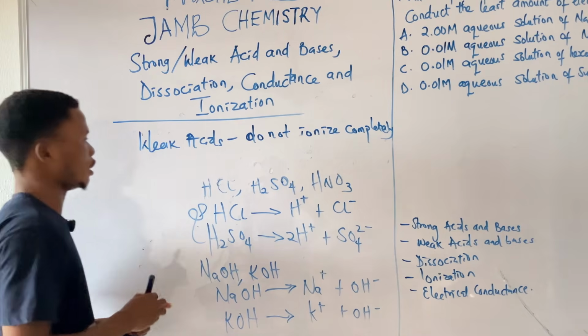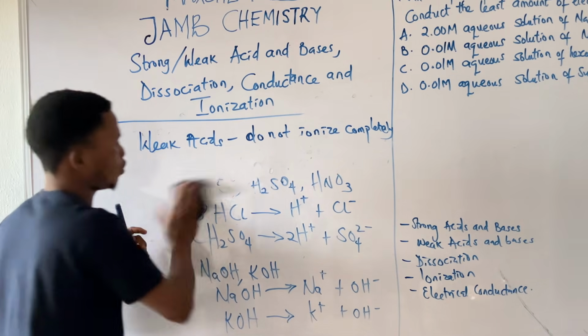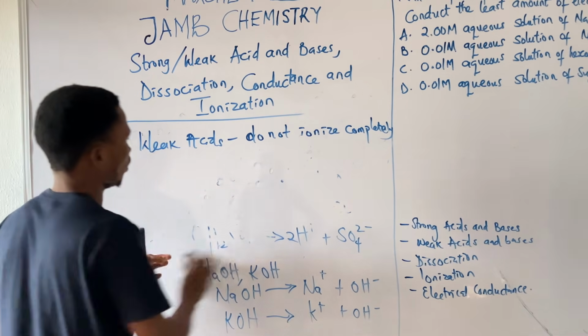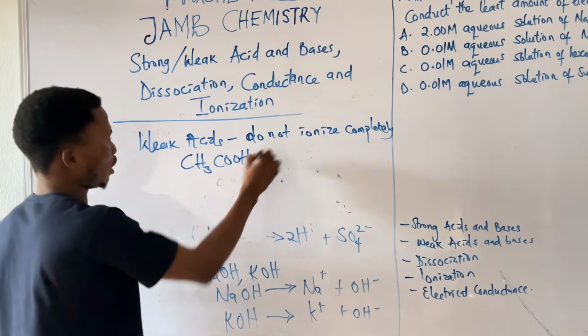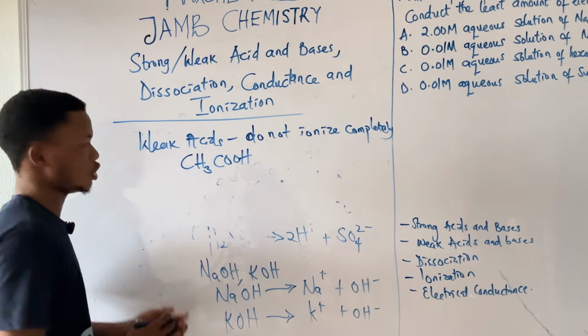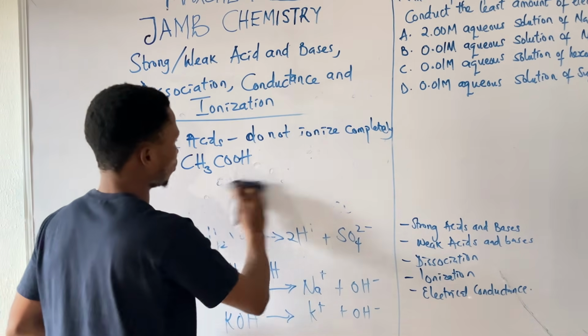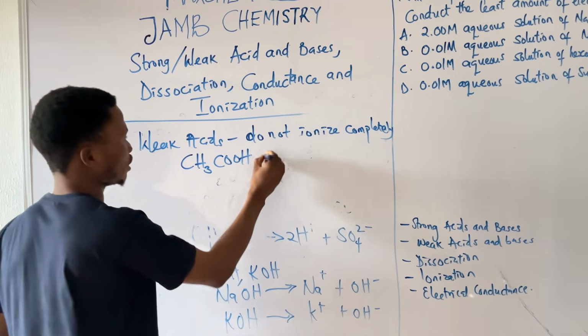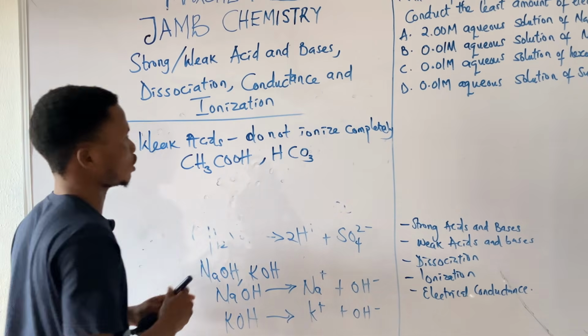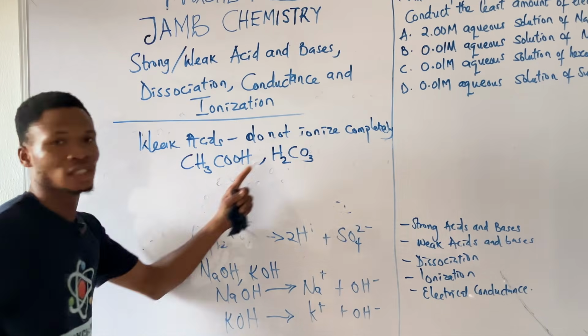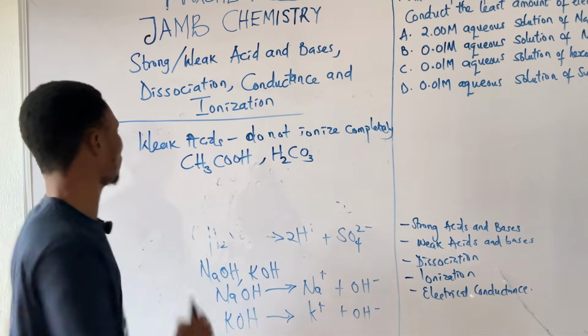An example of a weak acid, you have ethanoic acid, CH3COOH. So this is an example of a weak acid. You have H2CO3. This is an example of a weak acid.